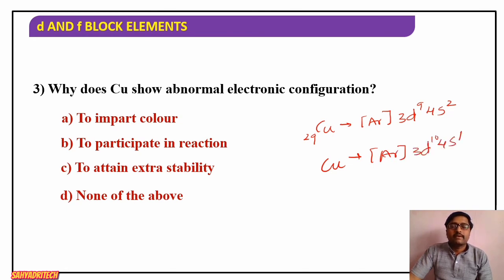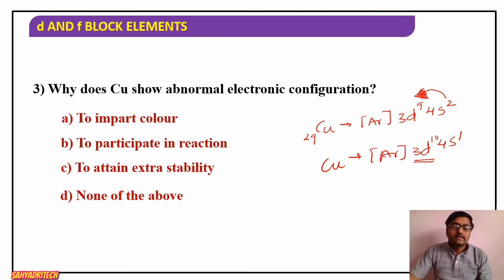So what happened here? One of the electrons is forcefully transferred to the d subshell instead of staying in s. One electron is shifted to 3d, so that it gets a d10 configuration.